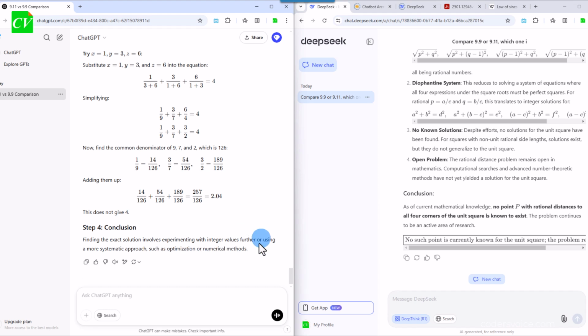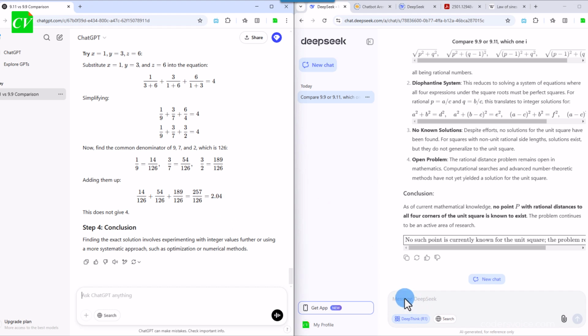Okay, it does give a different answer. Finding the exact solution involves experimenting with the integer values further or using a more systematic approach, such as optimization or numerical methods. Anyway, ChatGPT doesn't give the answer. It just says it needs more time or some optimization or numerical methods.